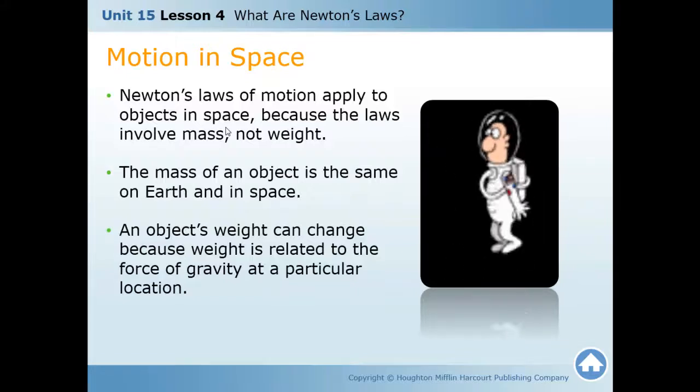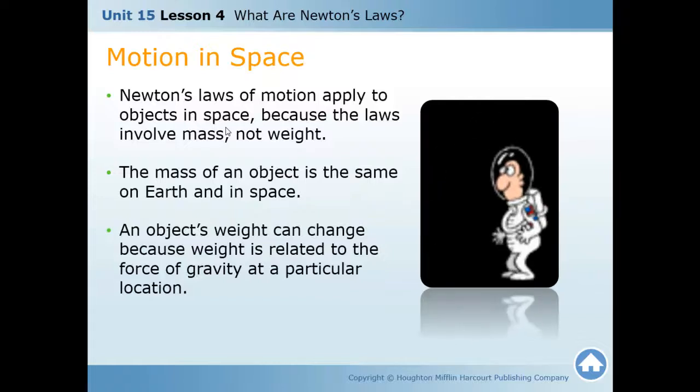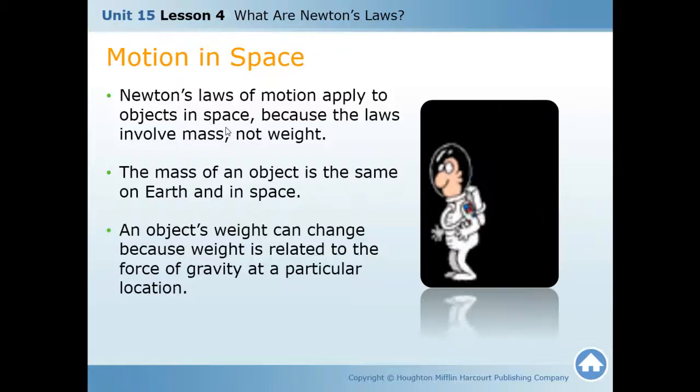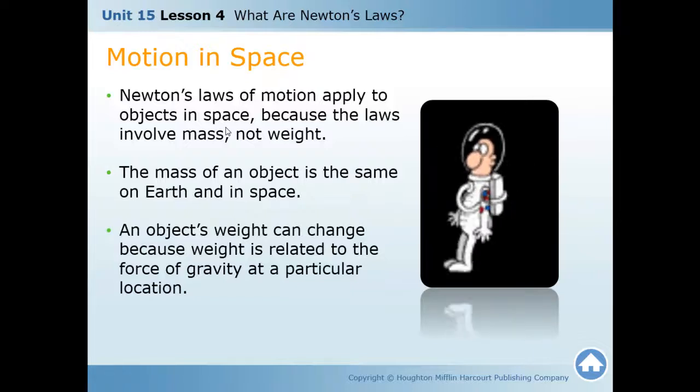So can we use Newton's laws in space? No problem. The mass of an object is the same on Earth and in space because mass doesn't change. The mass of your body on Earth is like the mass of your body on the Moon or another planet. But what will be different from place to place?